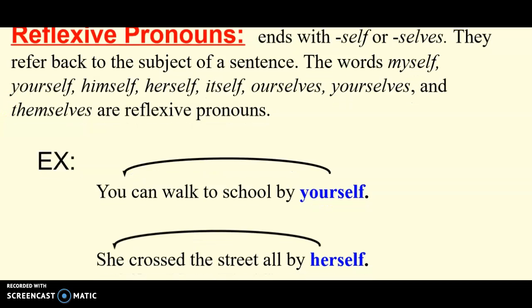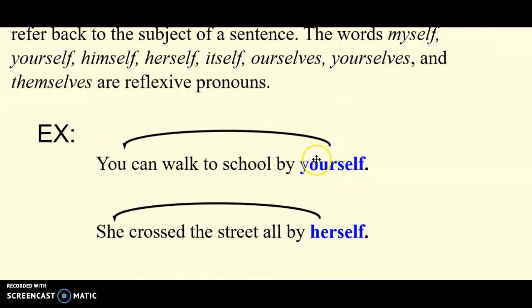You'll also notice that if it's reflexive, like these examples, I cannot take it out without the sentence not making sense. So I cannot say, you can walk to school by. That doesn't work. I cannot say, she crossed the street all by. Also doesn't work. Okay? So reflexive pronouns are necessary for the sentence to make sense. They also refer back to the subject of the sentence.